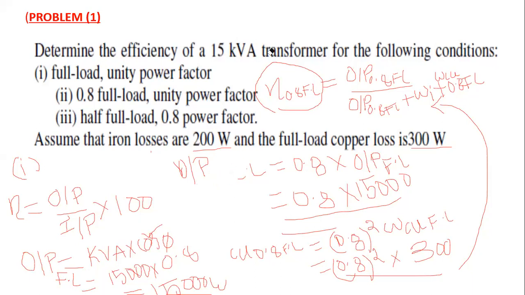This is the output at half load, that is equal to half load means 1 by 2. Half load means we are considering 1 by 2 into output of full load. This is the output of full load, that is 15,000 into 0.8.